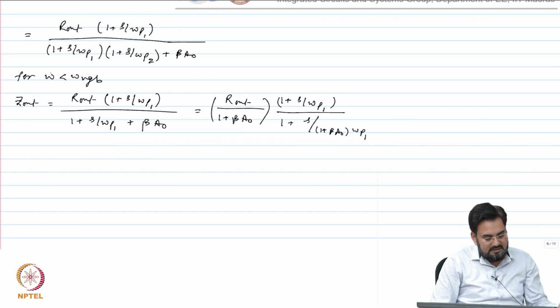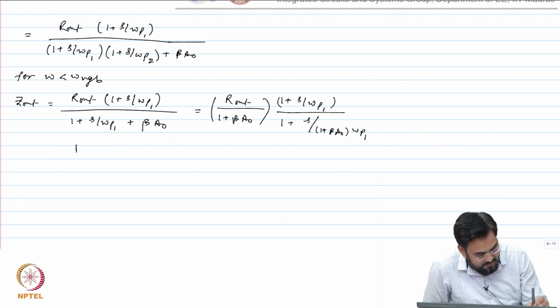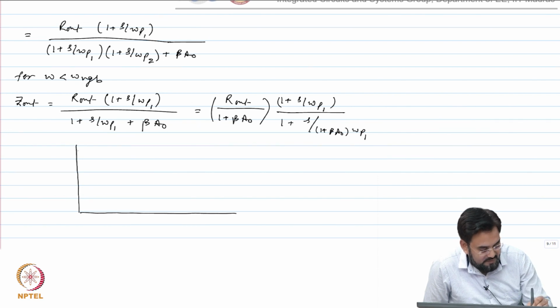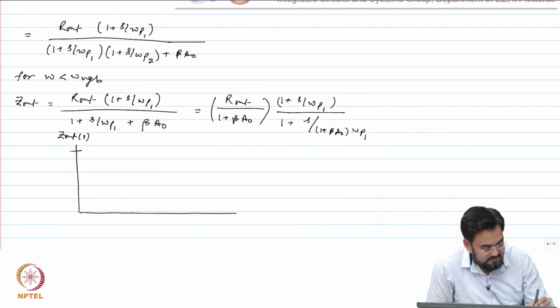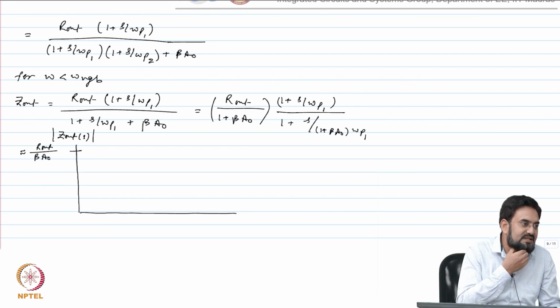Draw the Bode plot. What is the DC? If this is your Z out magnitude, R out over, I will approximate it to R out over beta A naught. Beta A naught is much larger than 1.